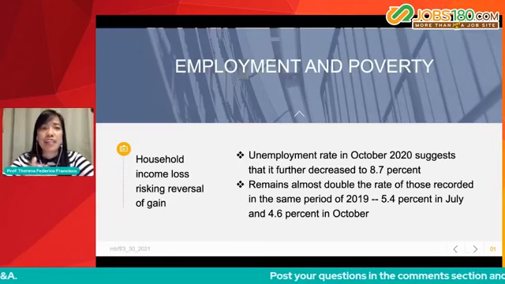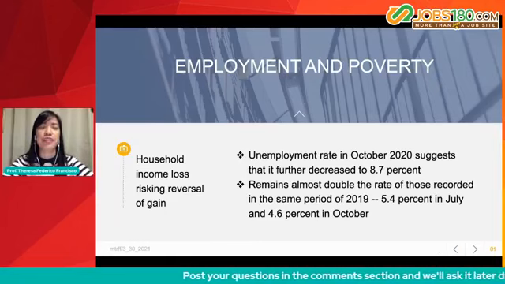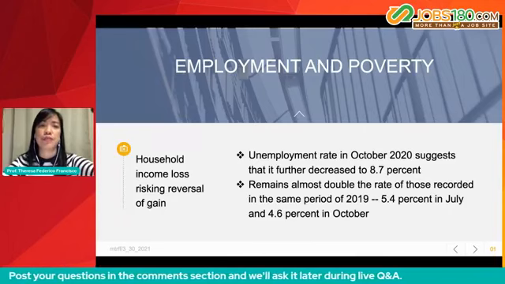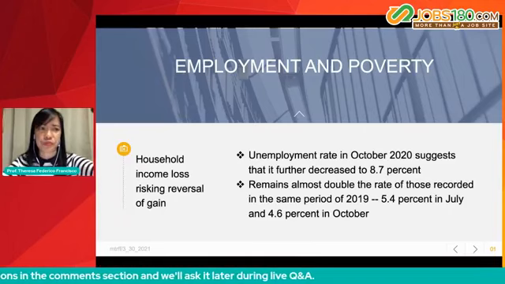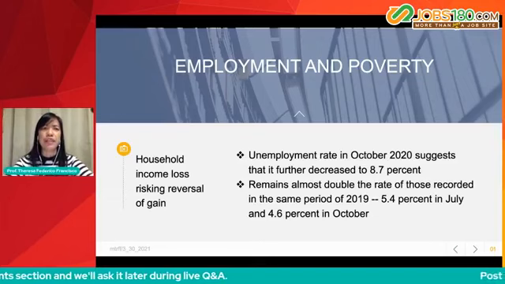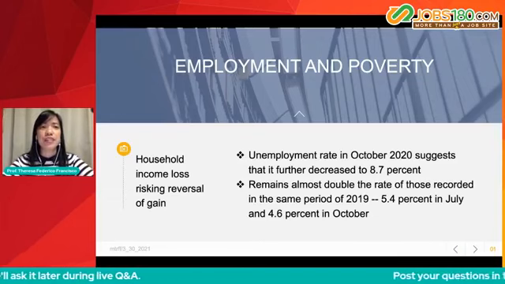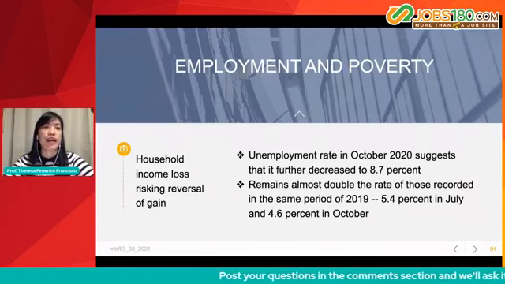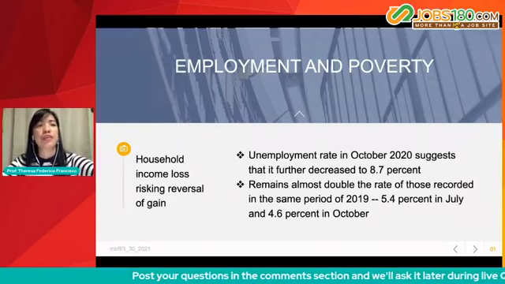The latest estimate of the unemployment rate in October 2020 shows it further decreased to 8.7%. However, it remains almost double the rate recorded in the same period of 2019, which is 5.4% in July and 4.6% in October.